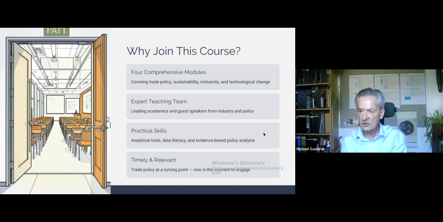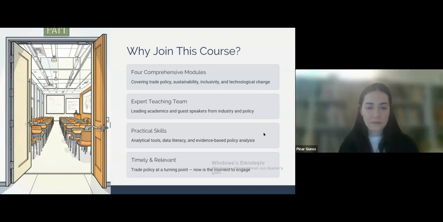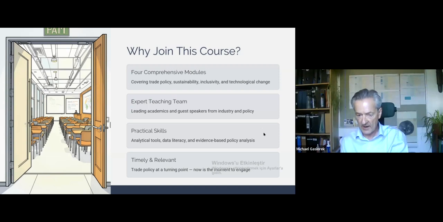In the last 5-10 years, trade has become much more to the forefront, and that rules-based system is being challenged increasingly. So if this interests you, if it matters to you professionally in terms of your work, if it will help you to understand what is going on, then join this course. There are 4 comprehensive modules, an expert teaching team, practical skills, and I think it is very, very timely and relevant.